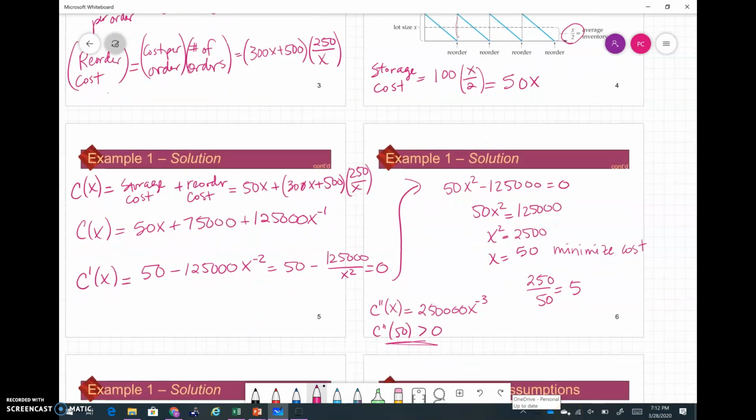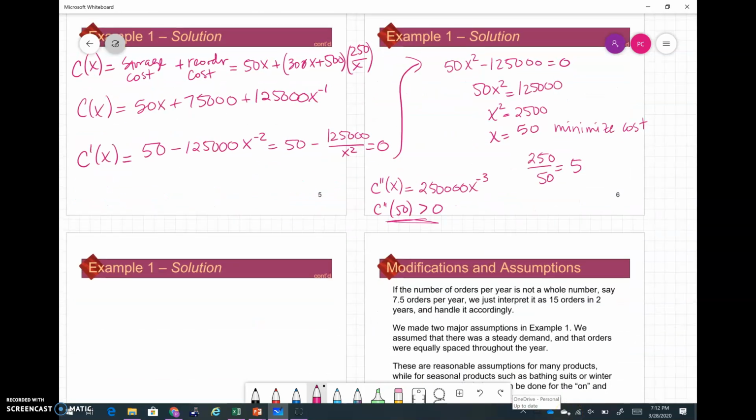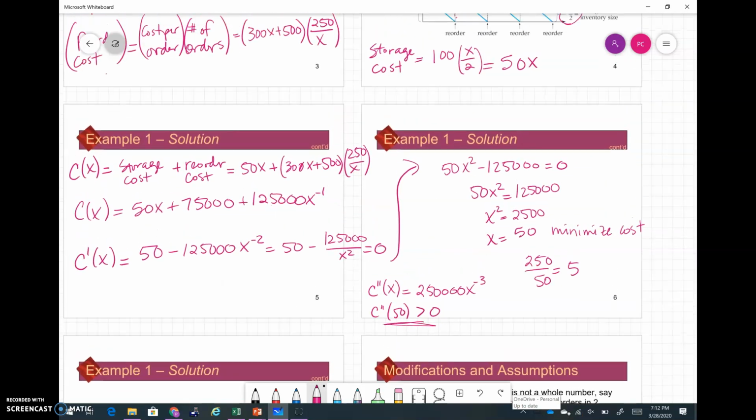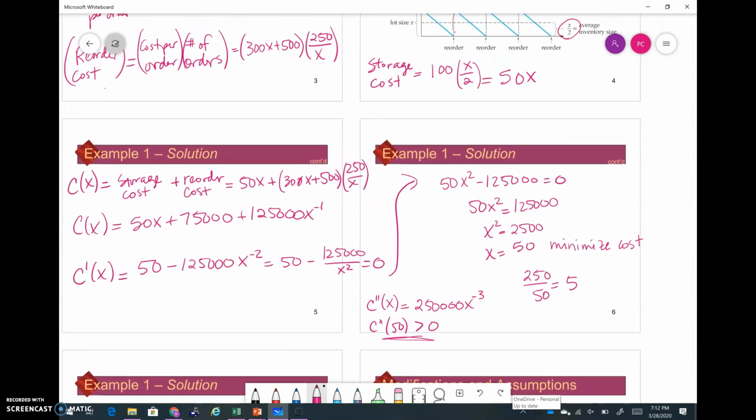So that means the lot size is 50, and orders are placed 5 times a year.